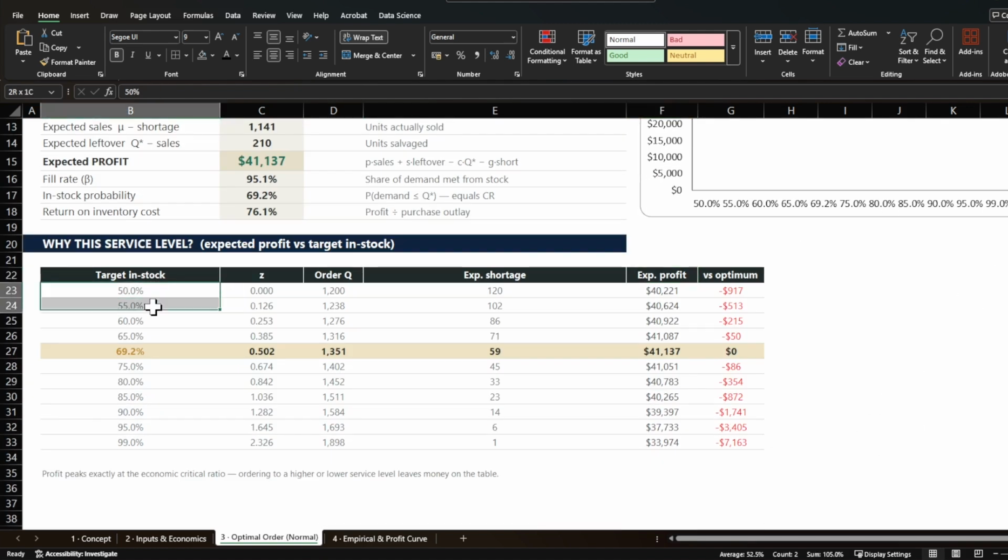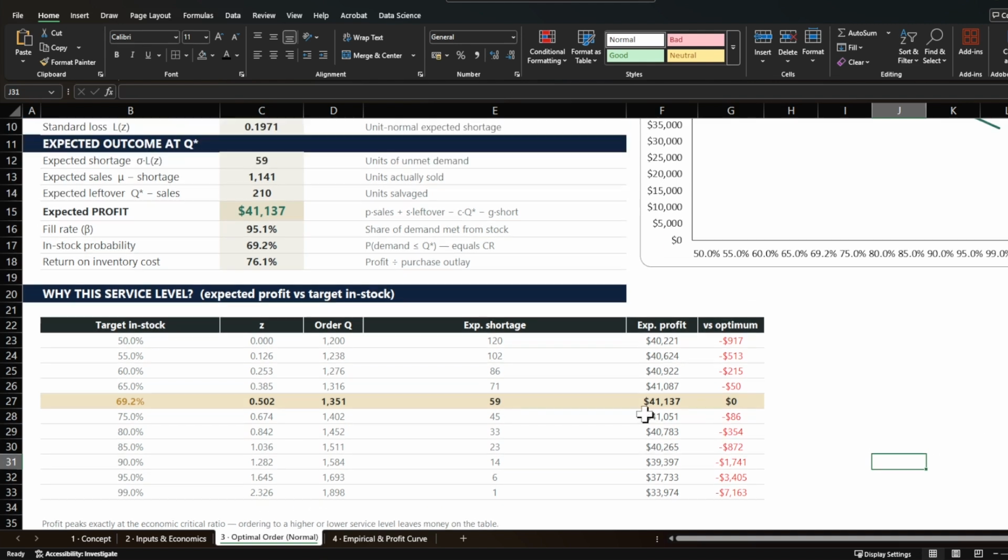As soon as you increase the service level further, it means you are overstocking, and your profit falls. So profit peaks exactly at the economic critical ratio. Ordering to a higher or lower service level leaves money on the table. This proves that this particular critical ratio is the profitable one.